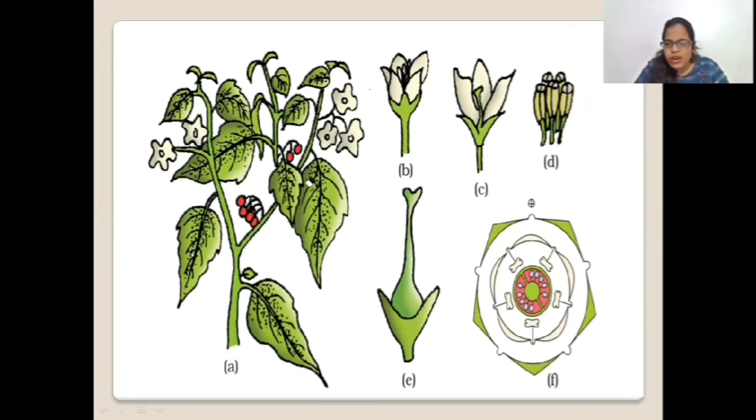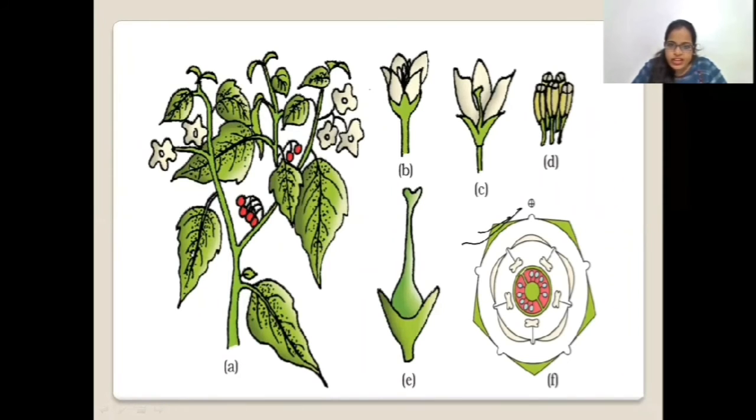Then B is the flower. Then C is the longitudinal section of the flower. Means if this is a complete flower, I cut it longitudinally and show you the longitudinal section. Then the next is stamens. D is stamens. And the next one is carpel. This one is carpel. And the last one is the floral formula. You can see this floral formula.